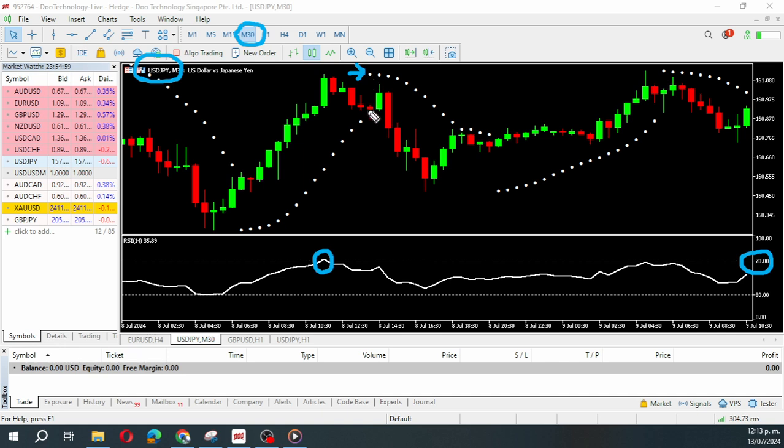So you start a sell position at the first dot, right? You put the stop loss above this point, and the take profit you can do at the same size of the stop loss, right? Or twice the size, right? Because maybe the movement is going to be bigger, right?